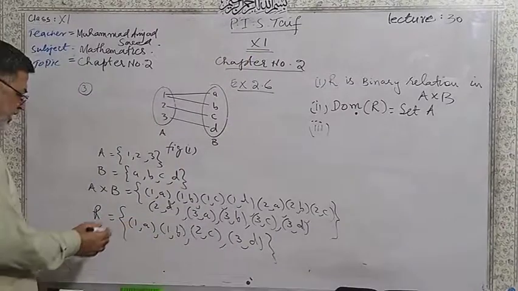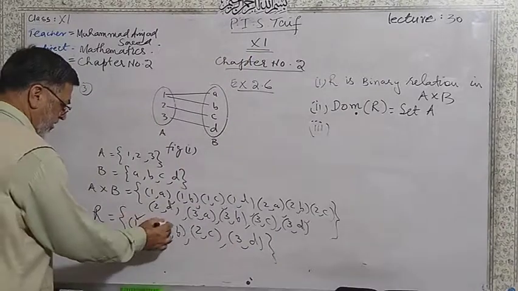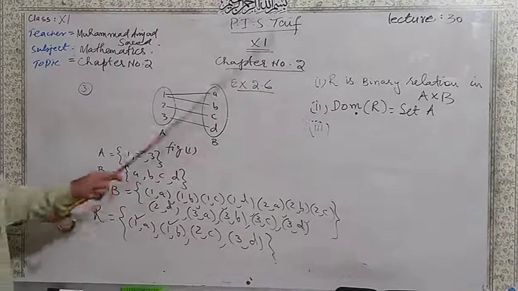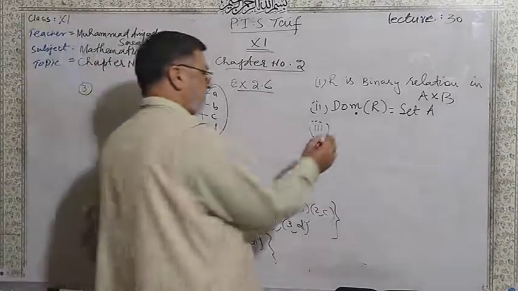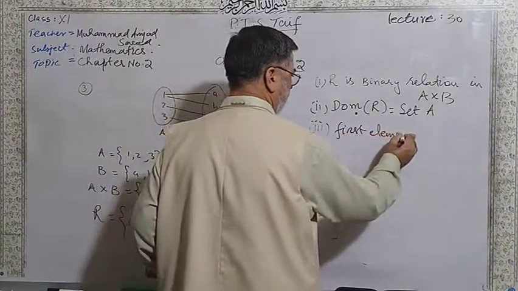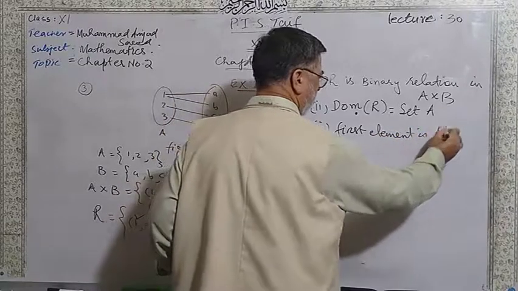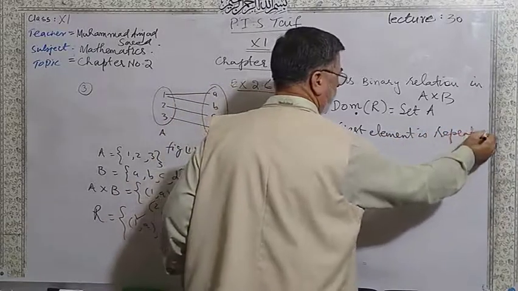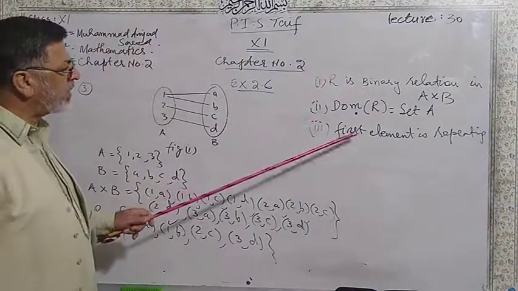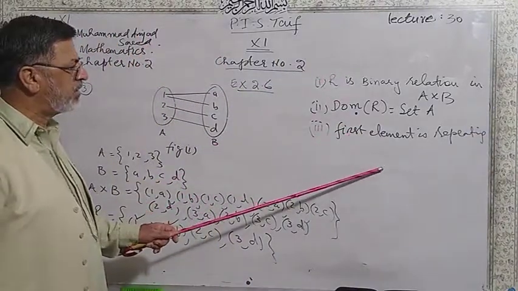Dear students, come here. Look at that. Here is 1, here is 1. This first element is repeating. I told you, if 3 conditions are satisfied, then it is an into function.